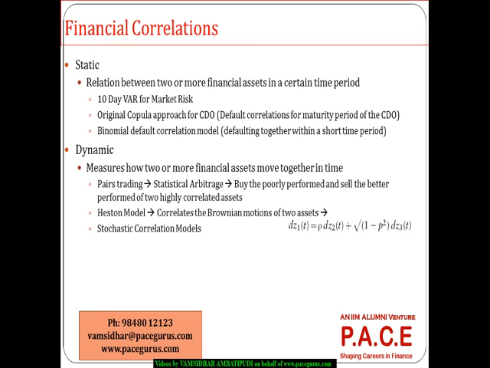Whenever we use the word correlation, it gets defined either as static or as dynamic. When I say static, I take one data set and the other data set, and at one particular point, I try to find out what is the kind of interrelationship, the linear relationship, that is present between these data sets, which is the relationship between two or more financial assets at a particular point in time.